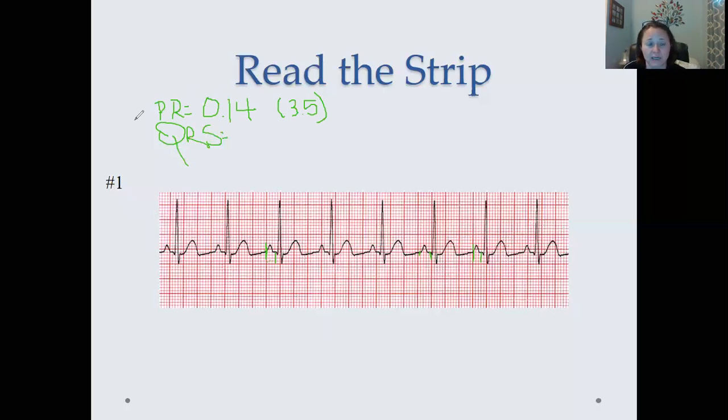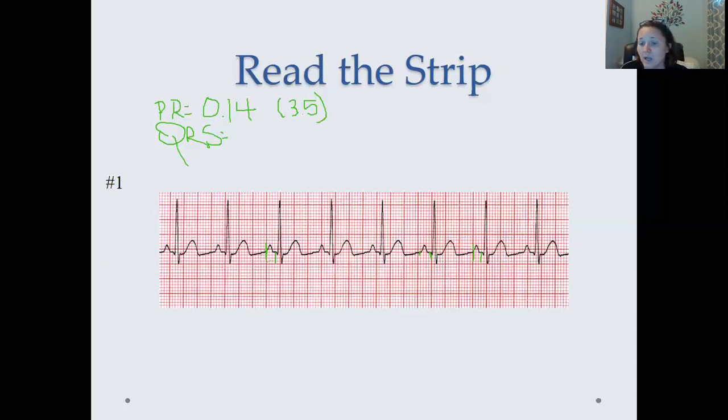That said, for your testing purposes, I promise what we give you is going to be clear for you to measure. The other thing is that you do have the ability on ExamSoft to zoom in so that you can see it a lot more clearly than what I can zoom this in.